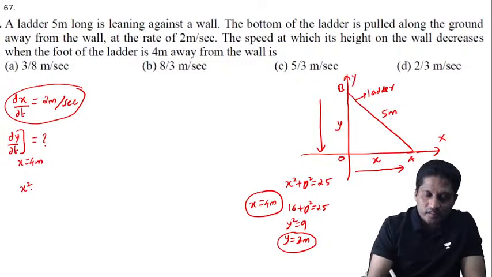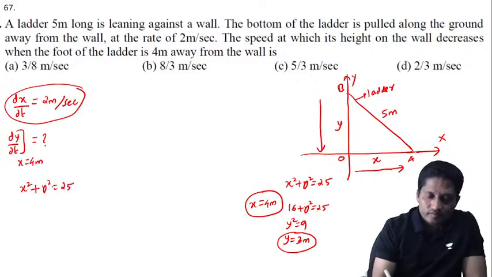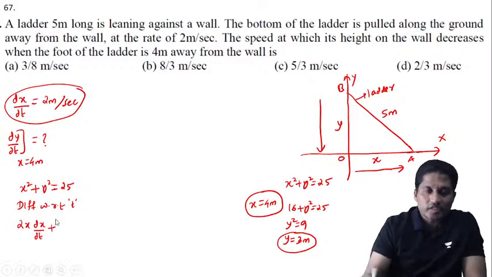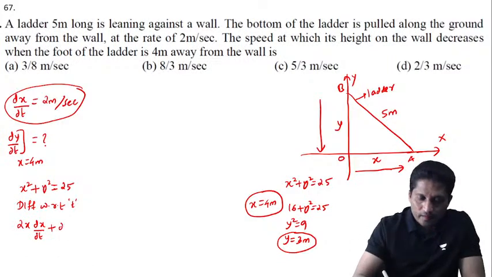Right, now again x square plus y square is equal to 25. If I differentiate with respect to t, differentiation of x square is 2x into dx by dt, and differentiation of y square is 2y into dy by dt. 25 is a constant, it is 0.